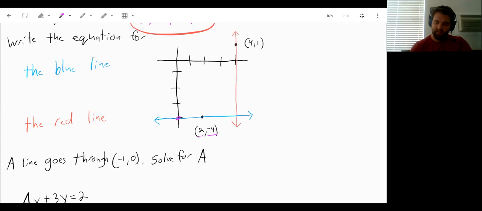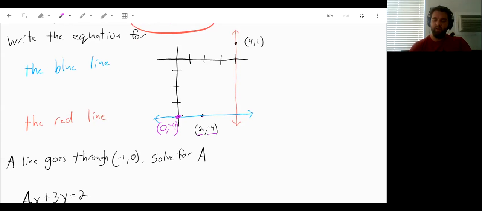This point right here is going to have an x-coordinate of 0 and a y value of -4. So which number is it that really matters or doesn't change? It's that -4 doesn't change no matter where on that line you're at. So your equation for your blue line is y equals -4.